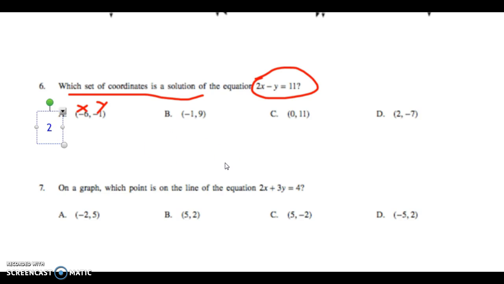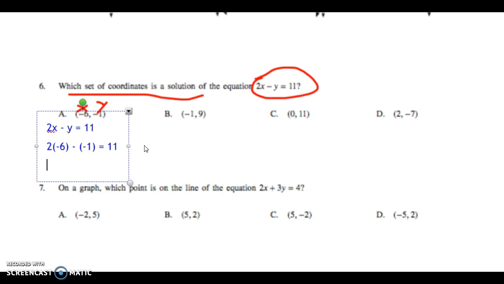The equation is 2x minus y equals 11. Let's just see if this point works: -6, -1. That means the x value is -6. So 2 times -6 minus the y value, which is -1. Is that equal to 11?